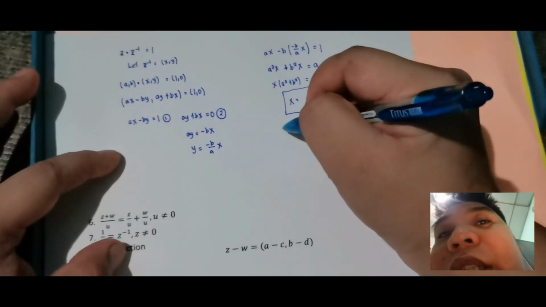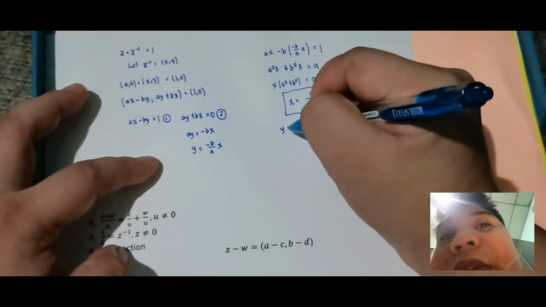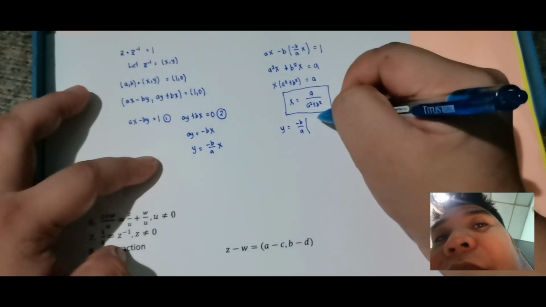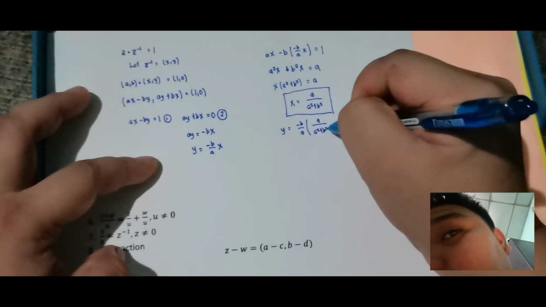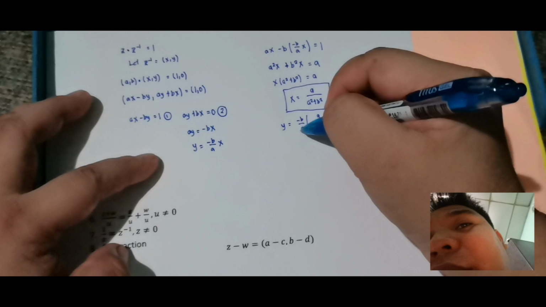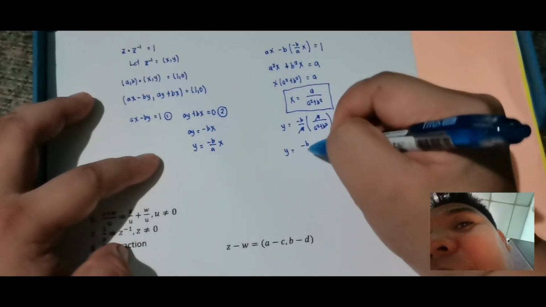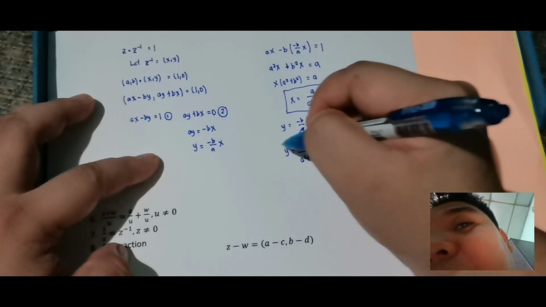So sa second coordinate, that is y, gamitin natin to kanina. That is y is equal to negative b over a multiplied by a over (a squared plus b squared). Okay, then next done is cancel to. Okay, so therefore y is equal to negative b over (a squared plus b squared).